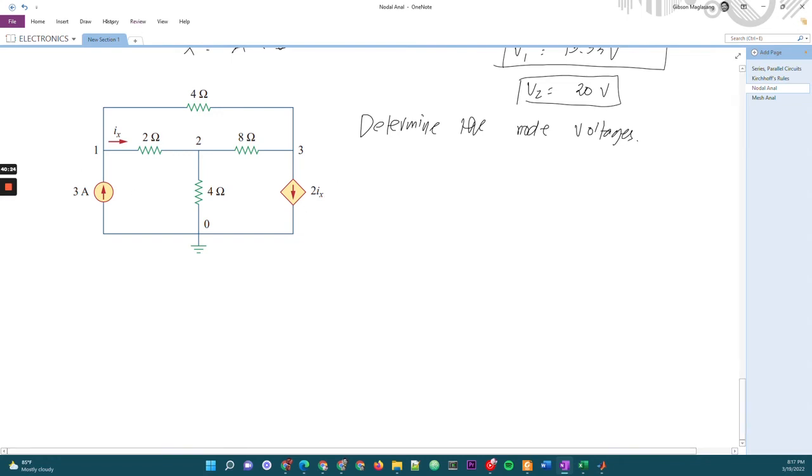Okay, after assigning node voltages, this is V1, this is V2, and then this is V3. Mag-assign din ta og current. Let's say, kani siya is I1.